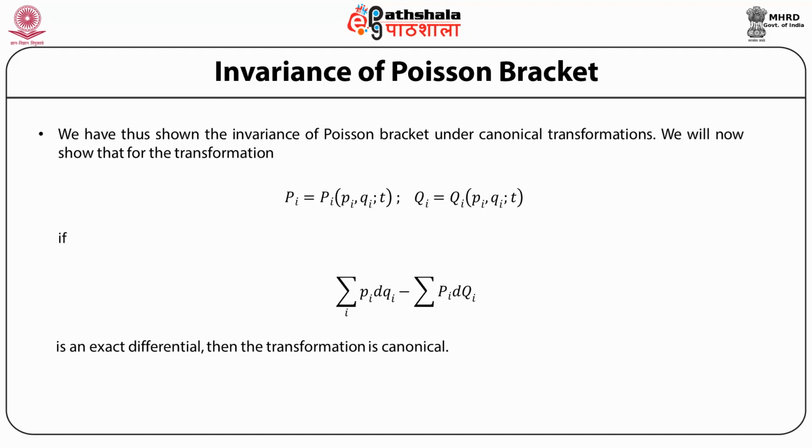So we are going to show that if the sum over i of the product of the old momenta pi with the differential of the old coordinates dqi, minus the sum of the product of the new Pi with dQi, is an exact differential, then the transformation is canonical.